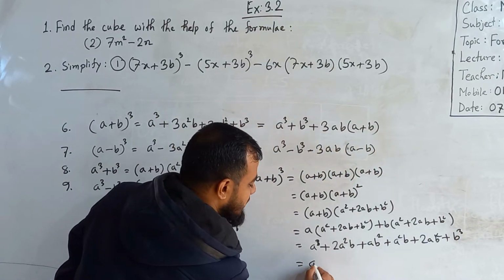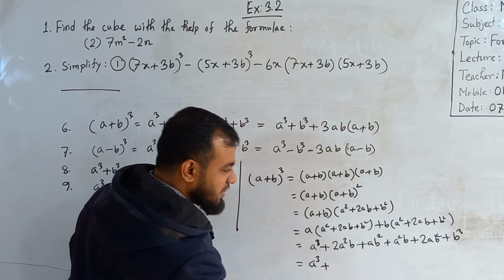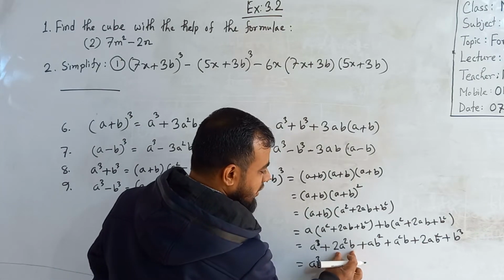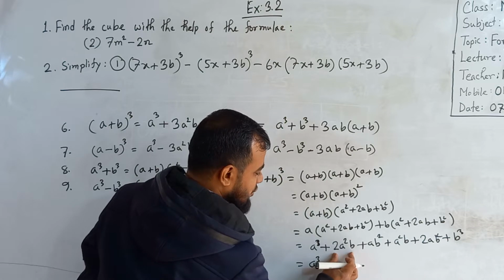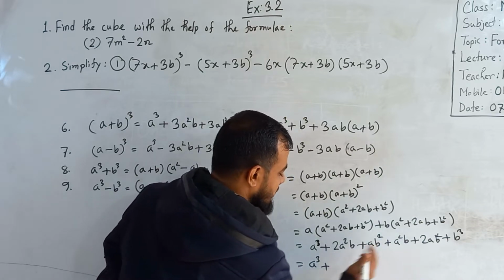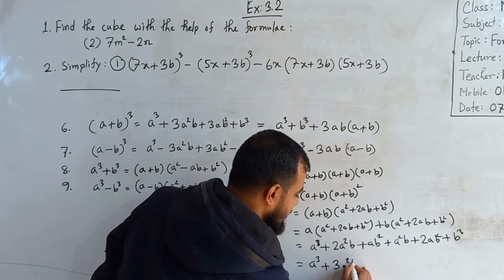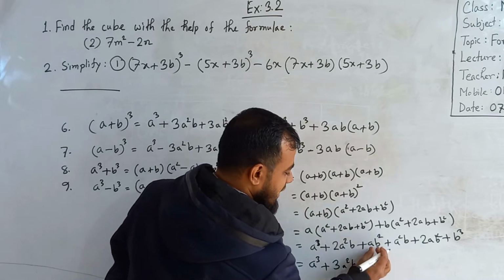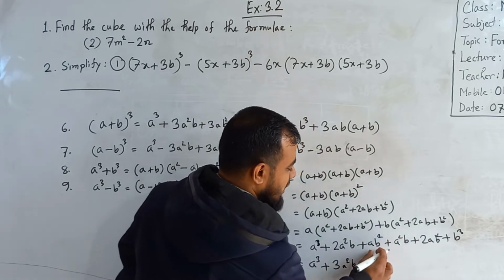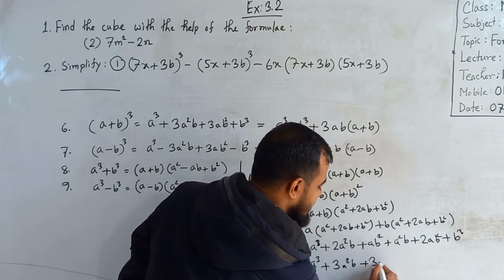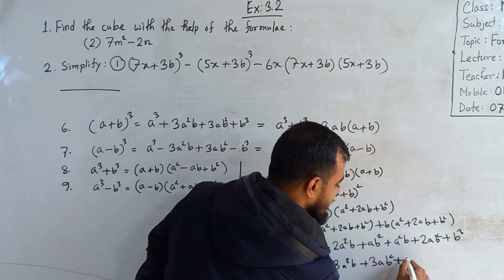Now write this down: a cube, and it's a simple addition: twice a squared b and a squared b is equal to thrice a squared b. Now the similar term of ab squared is twice ab squared. ab squared plus twice ab squared is thrice ab squared, and b cube remains unchanged.